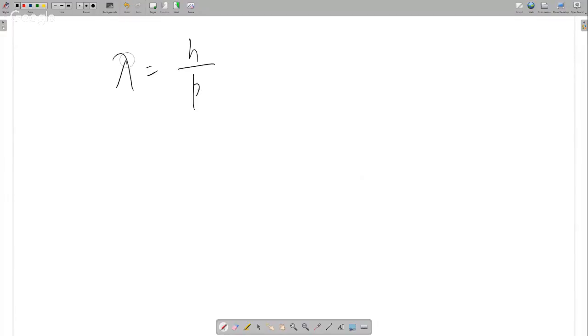However, for photons, we have to write down the energy-momentum relation, which for a relativistic particle can be written as E equals the square root of p squared c squared plus m squared c to the fourth. Now, for photons, of course, the mass term is equal to 0, so one gets E equal to pc.